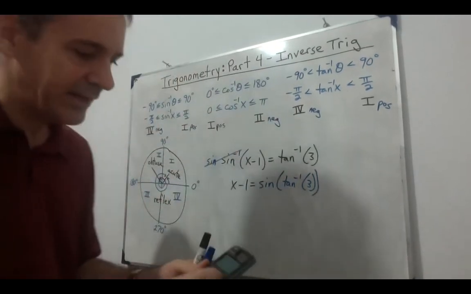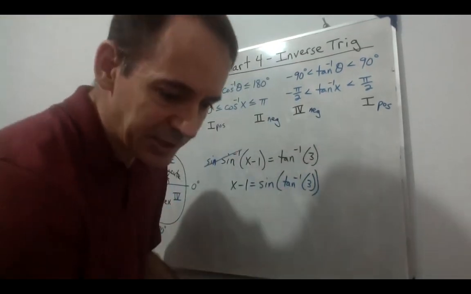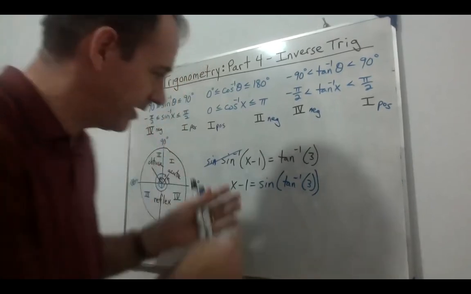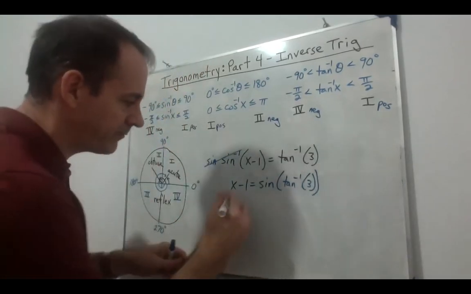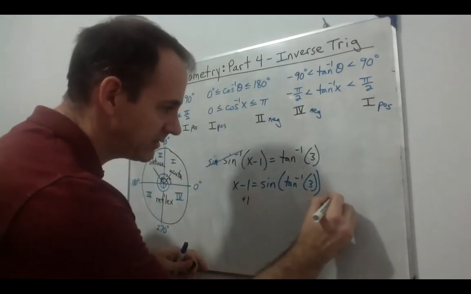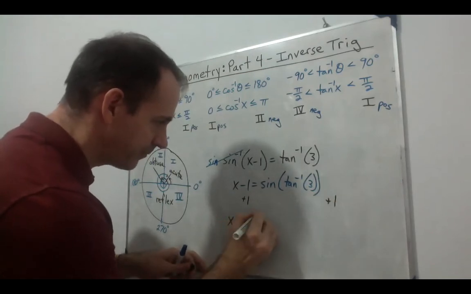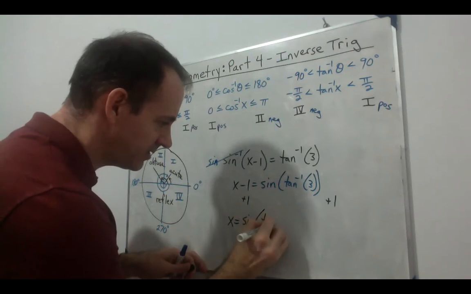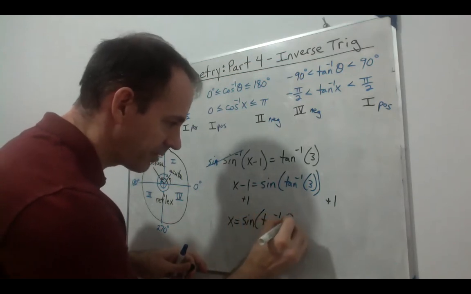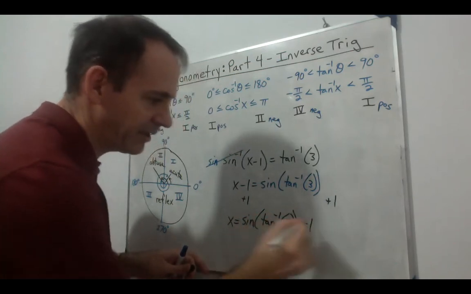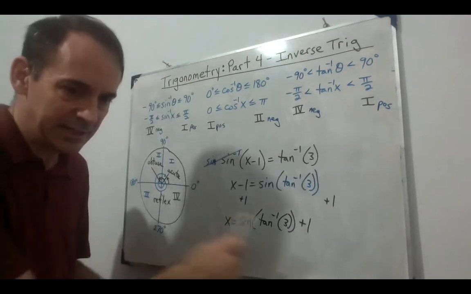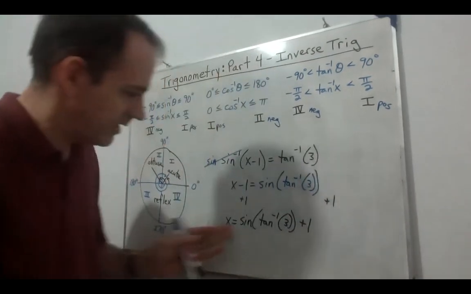Or actually, let's wait one more step. Let's get x by itself. All we have to do is add 1 to both sides. So now x equals sine of the inverse tangent of 3, plus 1. Now make sure your plus 1 is outside the parentheses, and it's all set up.